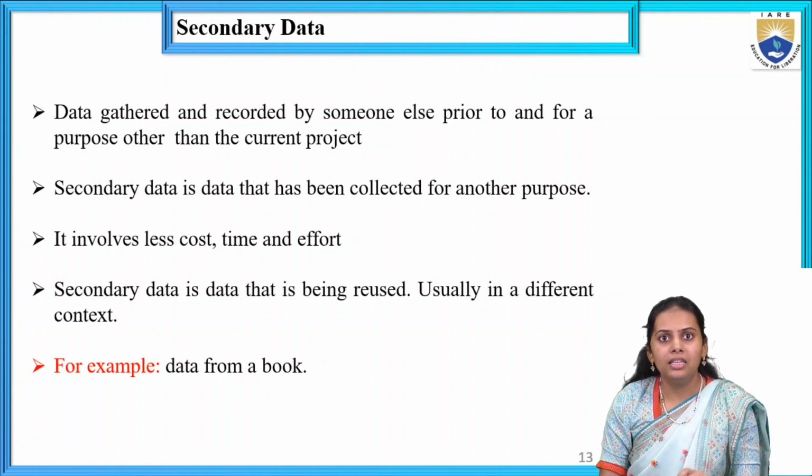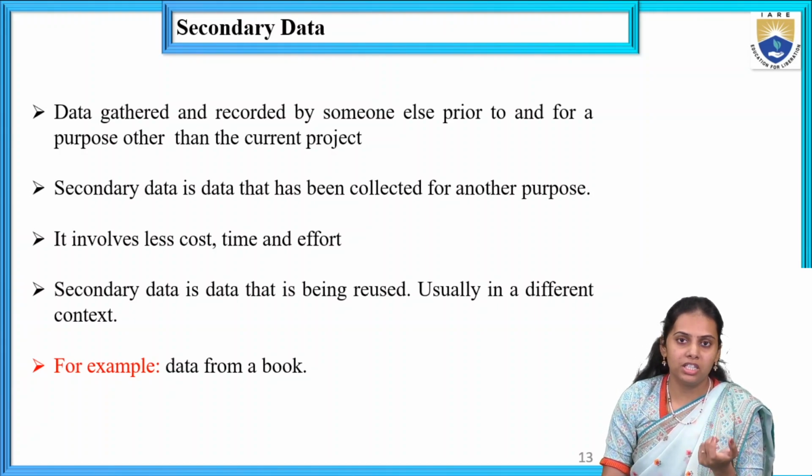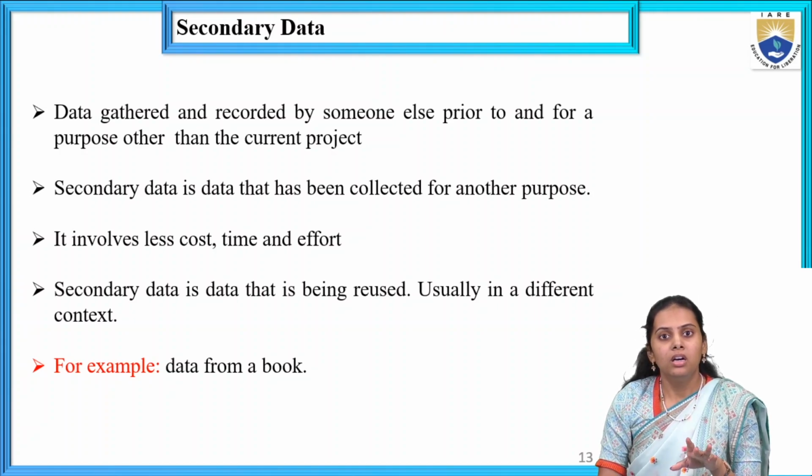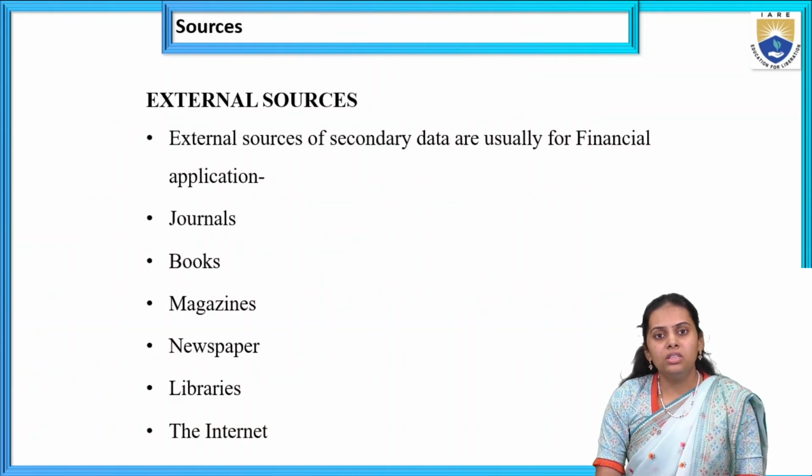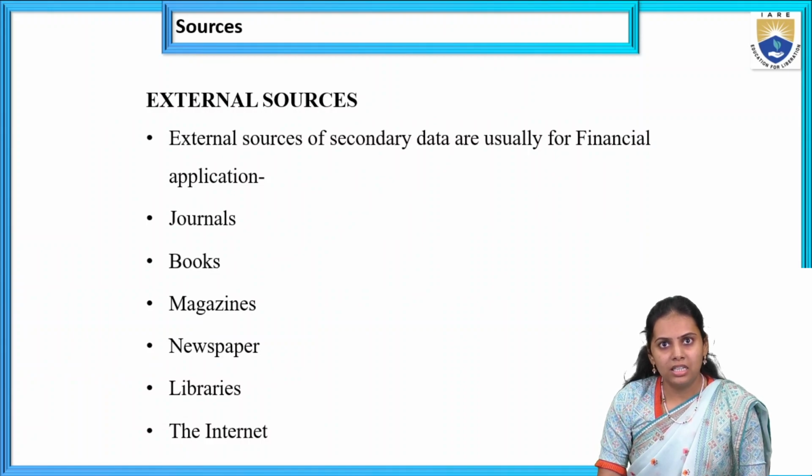The secondary data is always recorded in the form of textbooks or e-books or some other videos. Nowadays, electronic media education became very popular, so all these are in the form of e-videos. So for the secondary data, we need external sources.